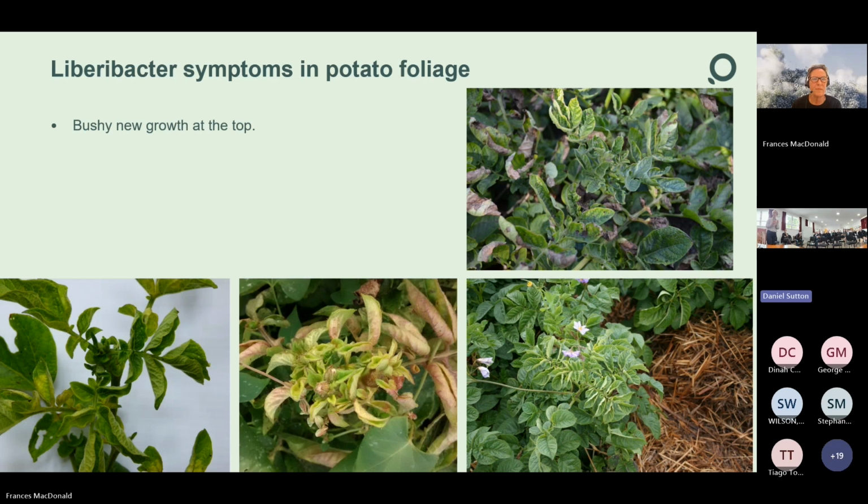So the internodes start to shorten because of Liberibacter, and with the new growth, the internodes get shorter and shorter, and that's why you get a really bushy kind of symptoms when you look on top of the plants. Next one.